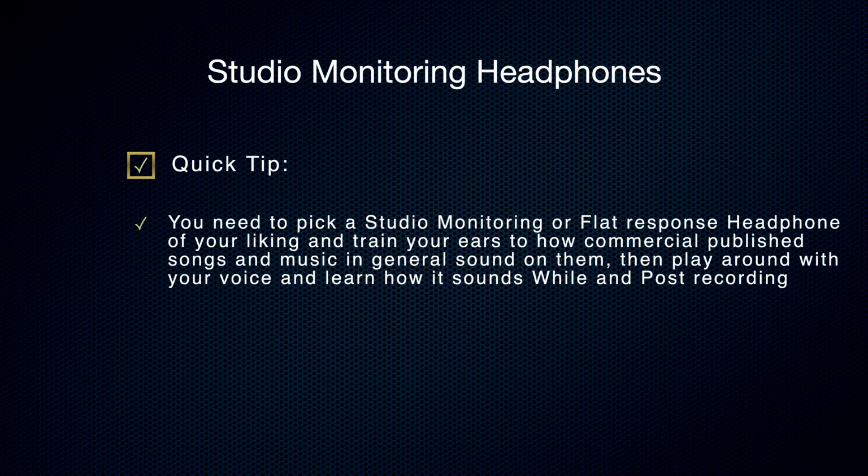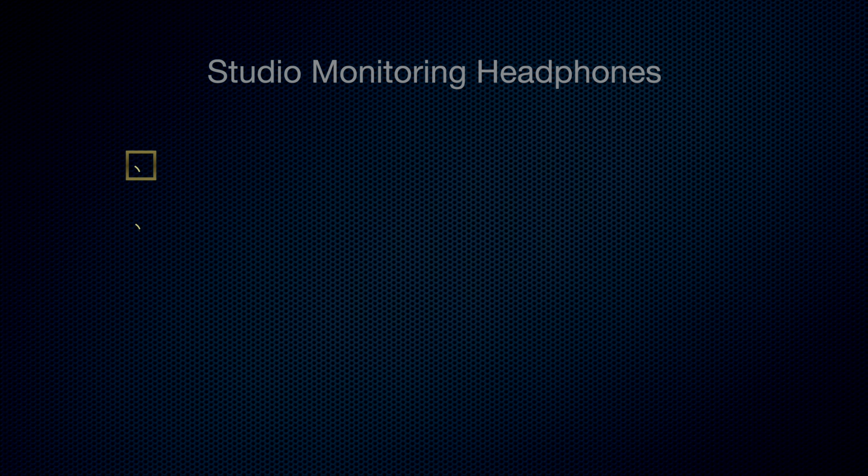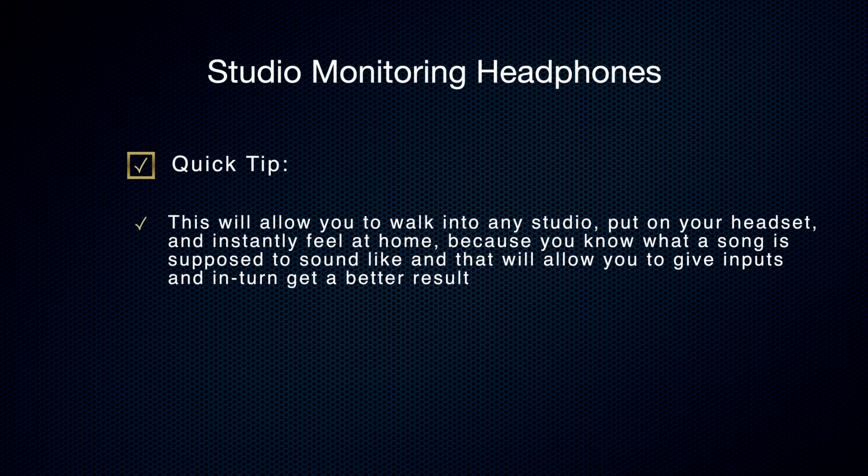Then play around with your own voice and learn how it sounds while you're recording and post-recording. I personally have been using the Audio-Technica M50X headset for over 6 years now, and this allows me to walk into any studio, put on my headset, and instantly feel at home. And because I know what a song is supposed to sound like on a particular headset, it allows me to give inputs, and in turn, we get a better result.